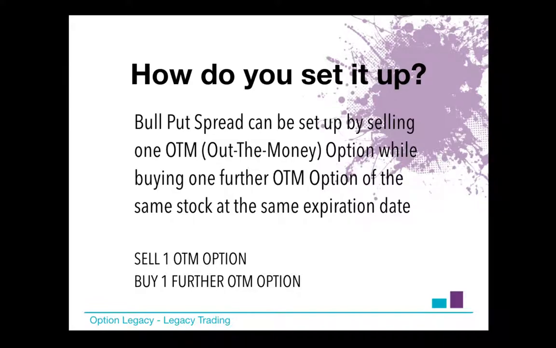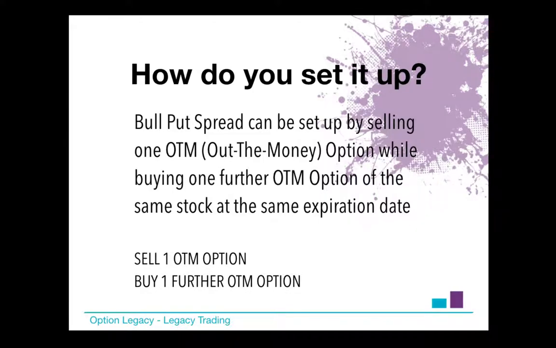A bull put spread can be set up by selling one out-of-the-money (OTM) option while buying one further out-of-the-money option of the same stock at the same expiration date. So you sell one out-of-the-money option and then you buy one further out-of-the-money option. You see at the bottom of your screen it says sell one OTM option.